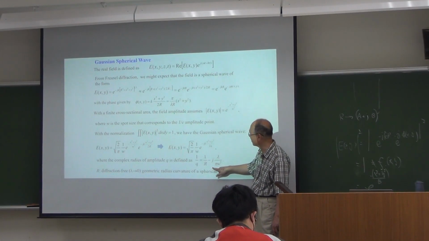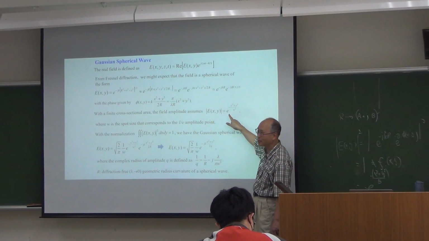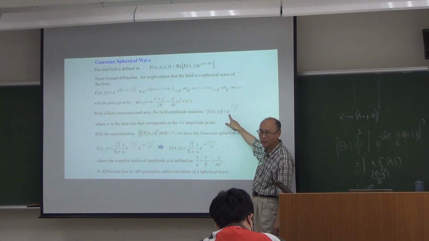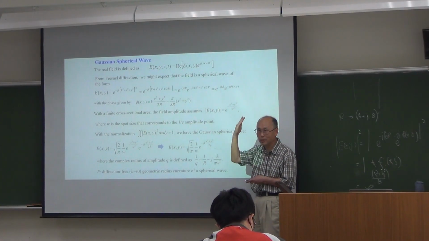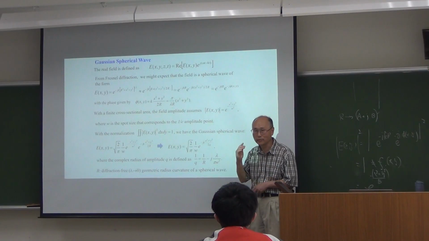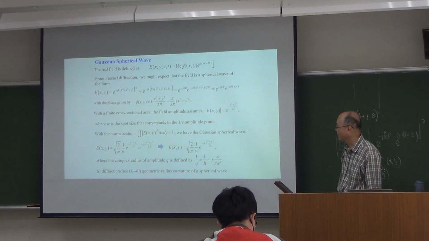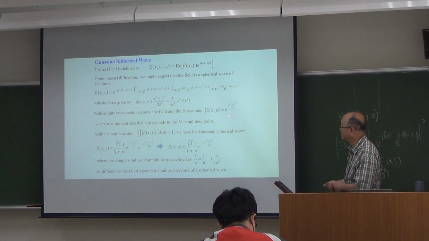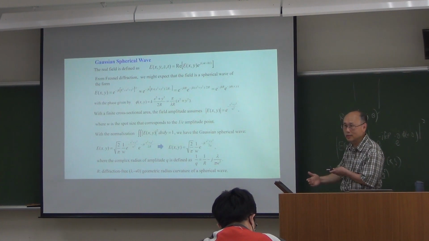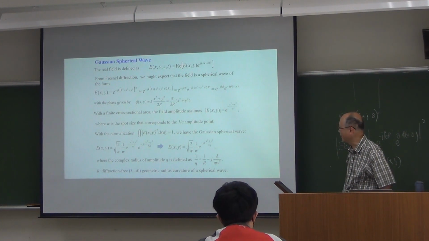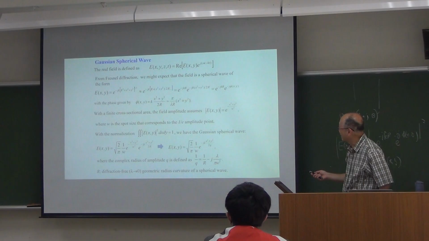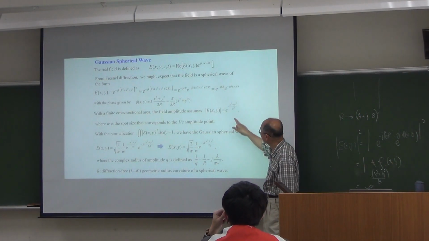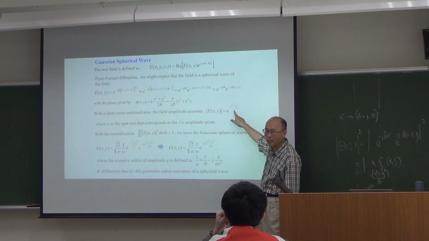Okay, with this transformation, you end up having this intensity dependence along the transverse direction, and this will properly describe this Gaussian laser beam. Okay, and now W has a physical meaning associated with it.